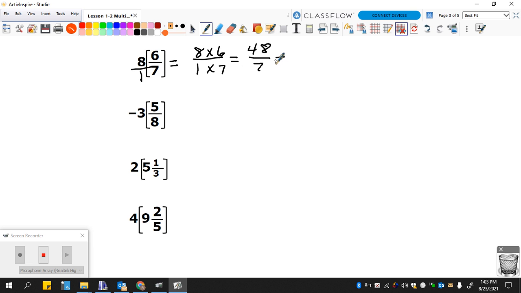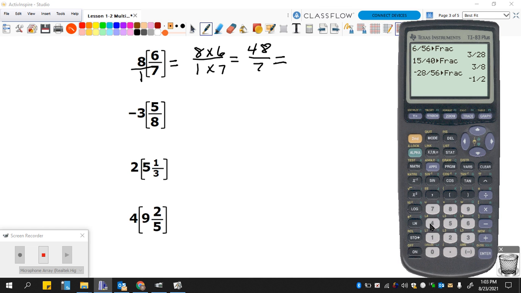Now we can see here that we have 48 divided by 7. That's improper. So we're going to say 48 divided by 7. We're going to find the answer is 6.8 and a whole bunch of stuff. Then we're going to do math, enter, enter.